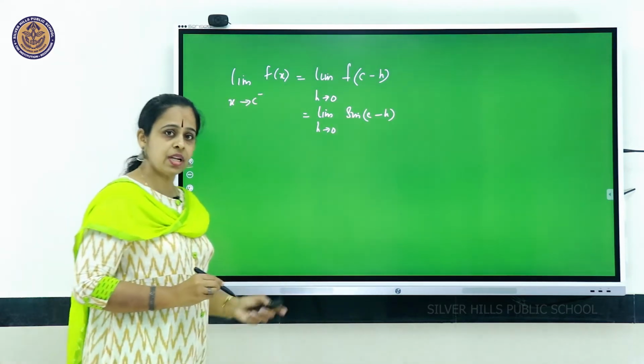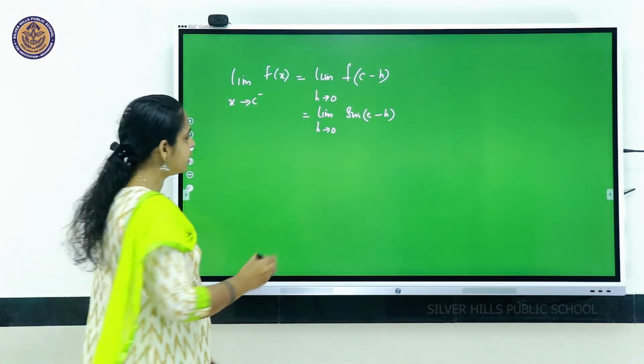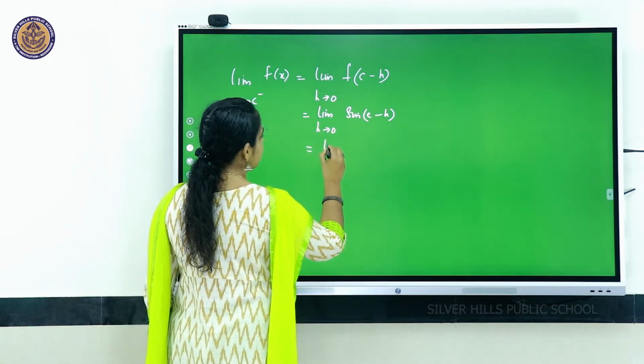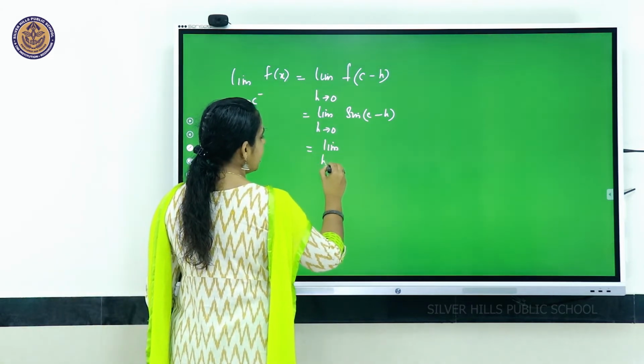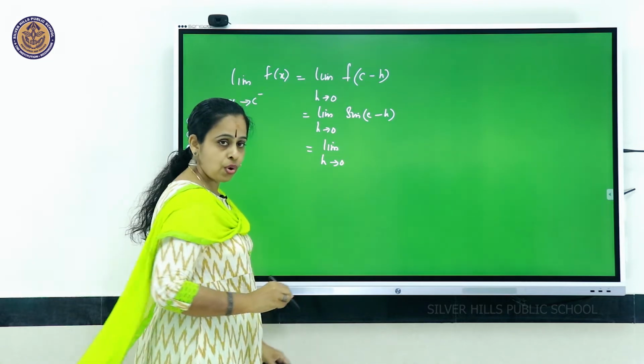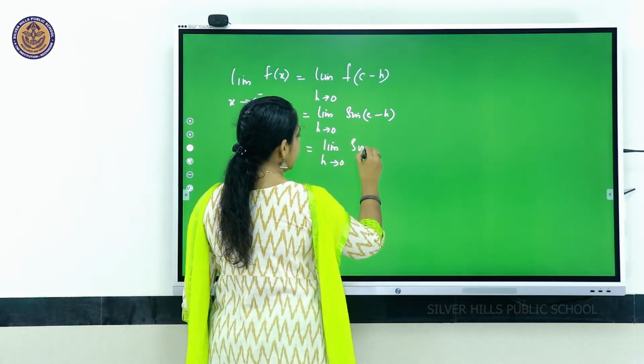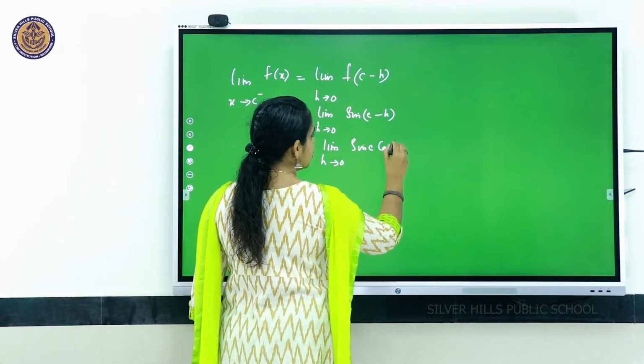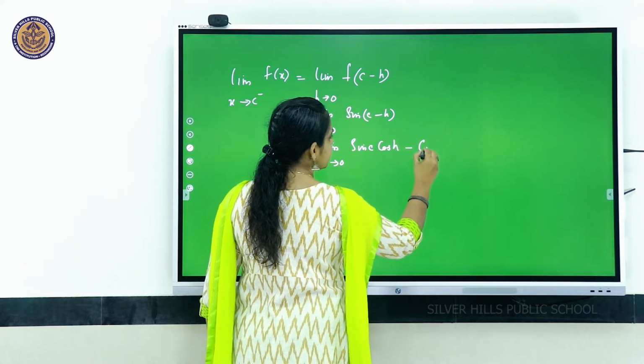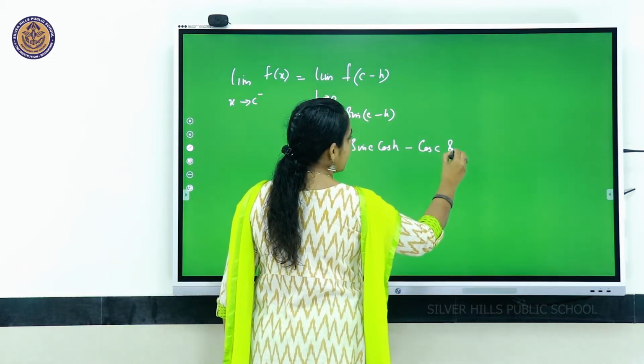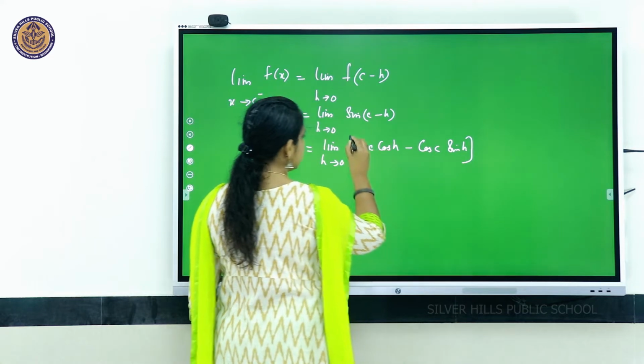As previously, let us expand sin of C minus h, equal to limit h tending to 0 of sin C cos h minus cos C sin h.